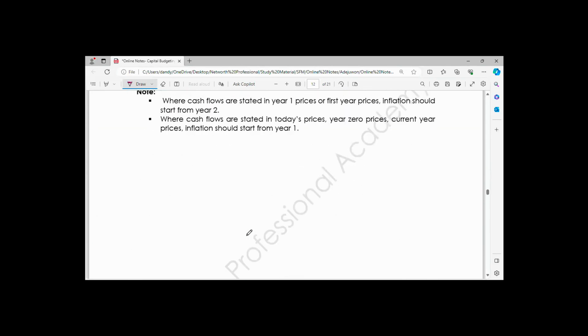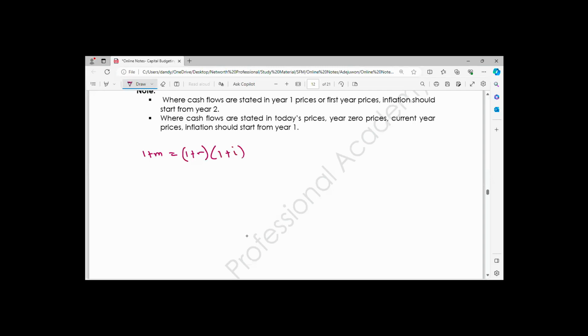Now, according to Professor Fisher, 1 plus money cost of capital is equal to 1 plus real rate of return, real cost of capital, multiplied by 1 plus inflation rate.